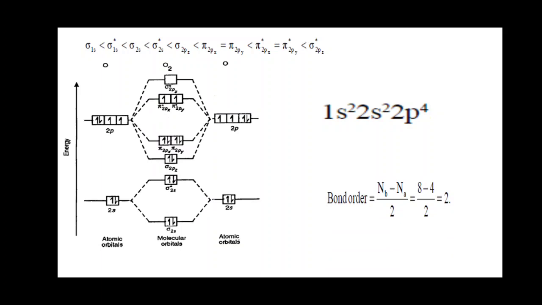Here the sigma 2pz orbital in the oxygen molecule is down, but the same sigma 2pz orbital in the nitrogen molecule is up, right? So according to the energy levels of nitrogen and oxygen, we can make an MO diagram.